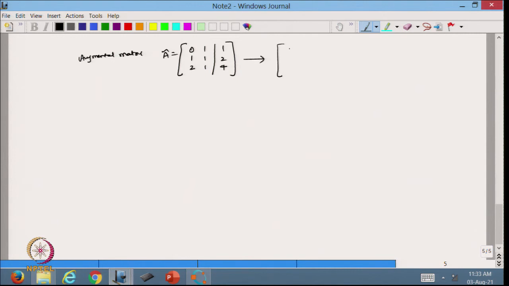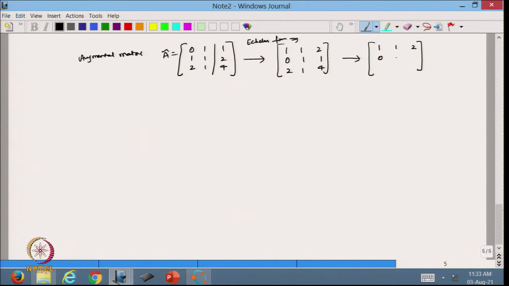In this case I just swap the first and the second row. It is 0, 1, 1, 2, 1, 4, and now from here I can make it echelon form.